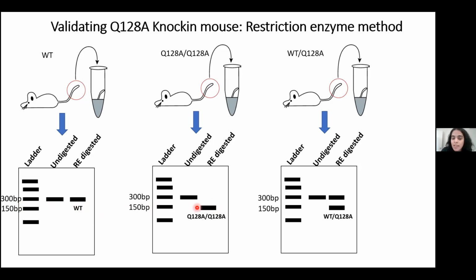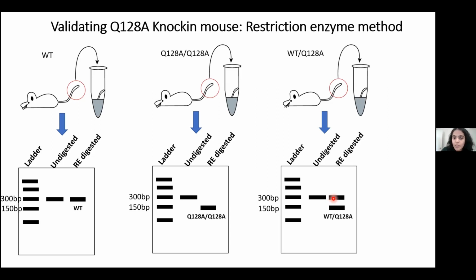And in the full knock-in mouse, you expect a band at around 150. And undigested, you expect a band around 300. And in the heterozygote, you expect two bands, one at the wild type level and one at the knock-in level, because there's two alleles, one wild type and one knock-in.